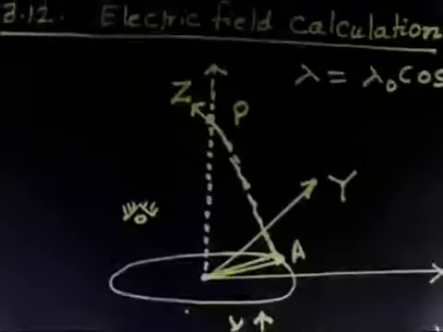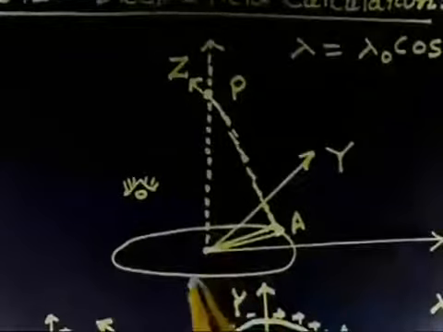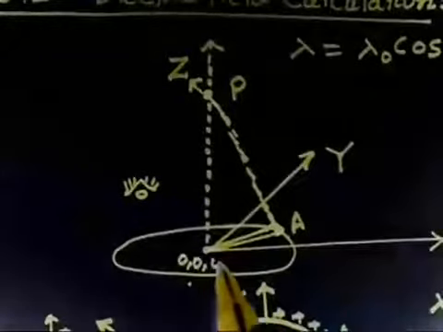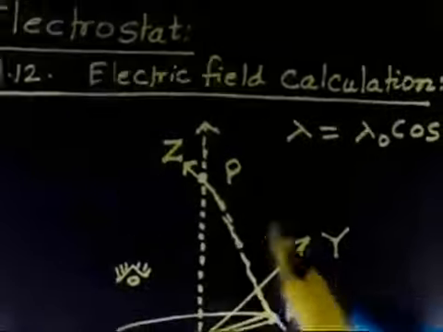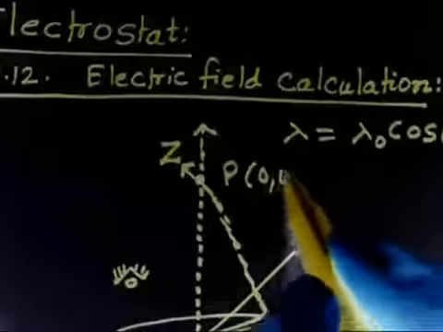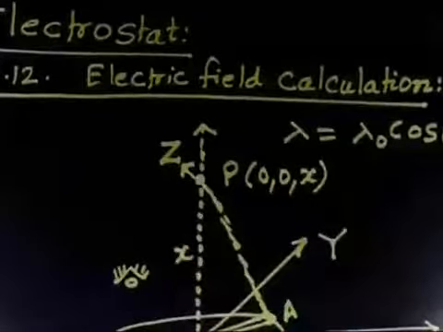That is the coordinate of Z minus coordinate of A. Now coordinate of Z is what? So this is 0, 0, 0. Now I am going along the Z direction, so x and y will remain 0. So the coordinate of P is 0, 0, x, because the question says this distance is x.